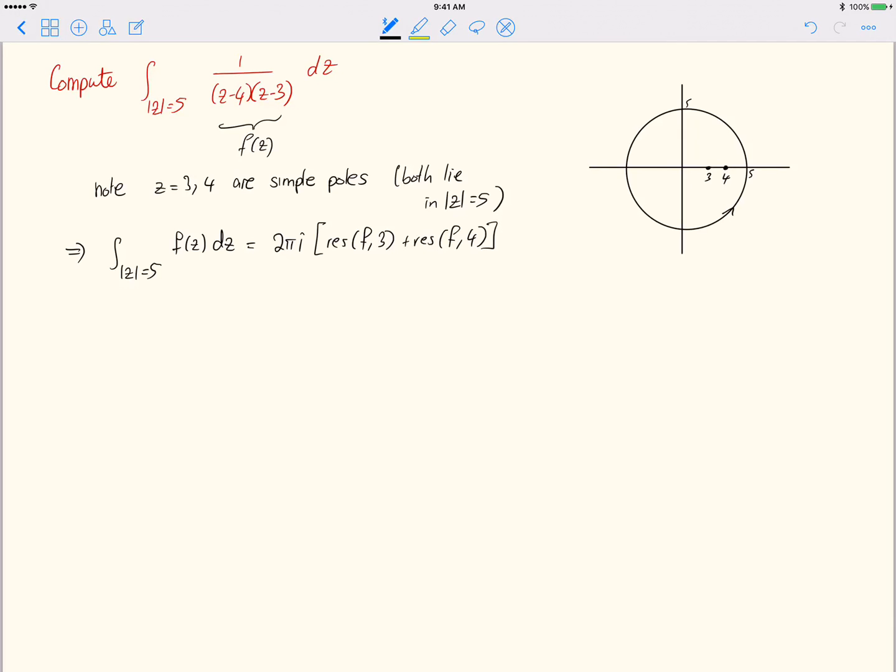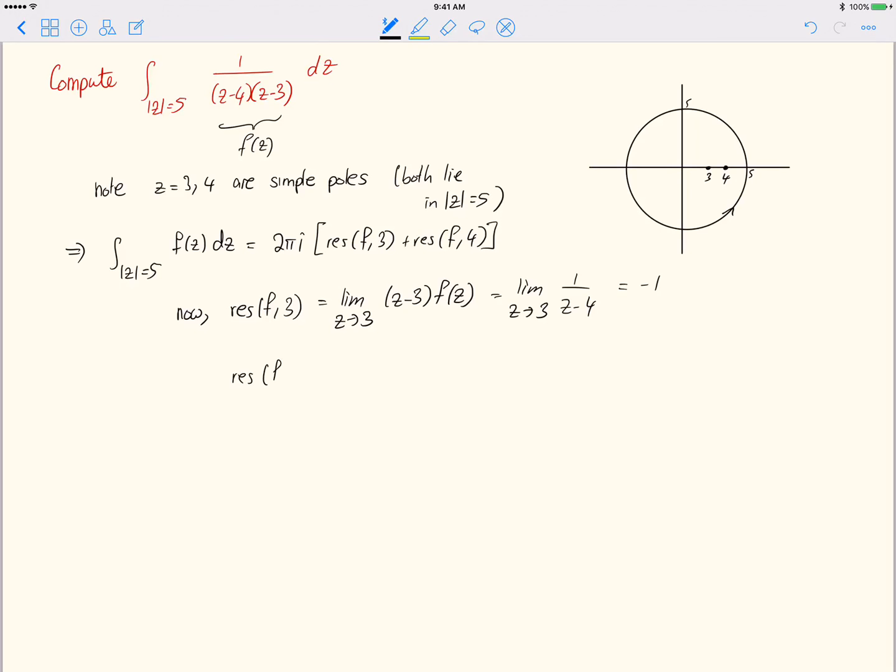And I can use the formula for simple poles. So the residue of f at 3 is going to be the limit as z approaches 3 of (z minus 3) f of z, which is the limit as z approaches 3 of 1 on (z minus 4). Plug that in, you get negative 1.